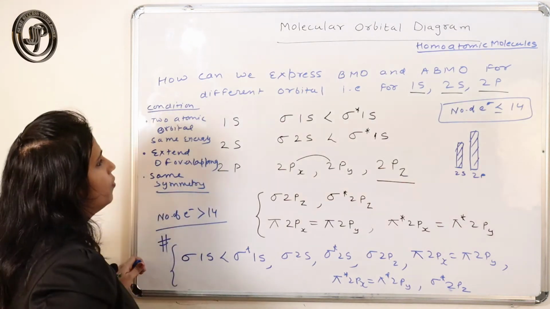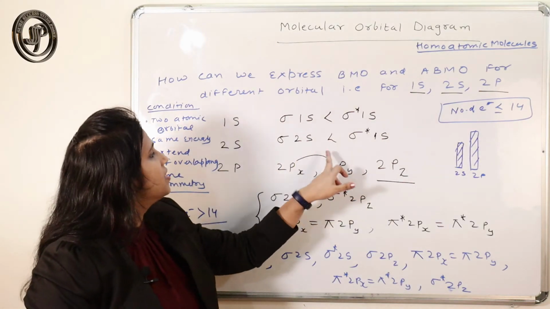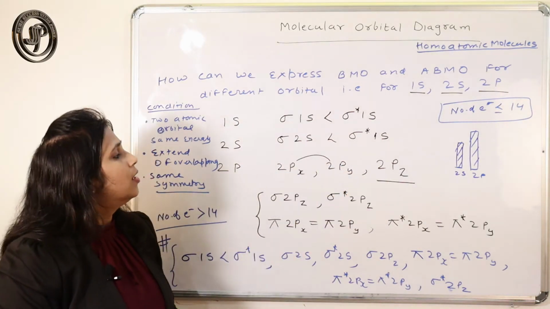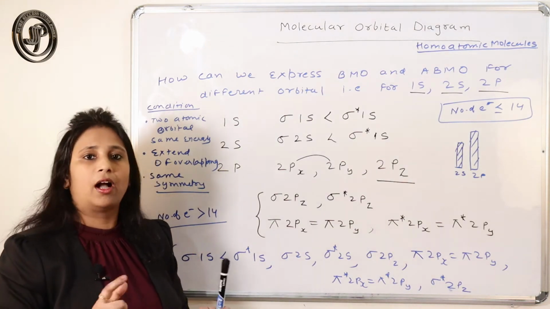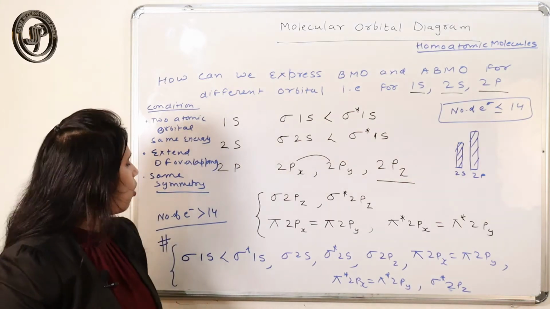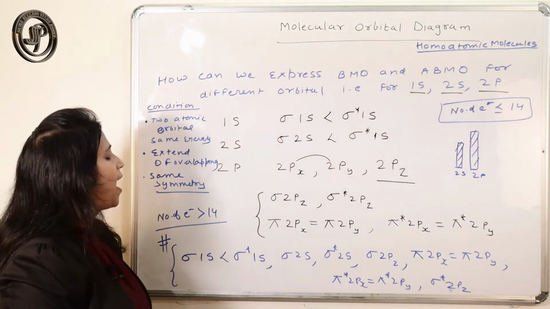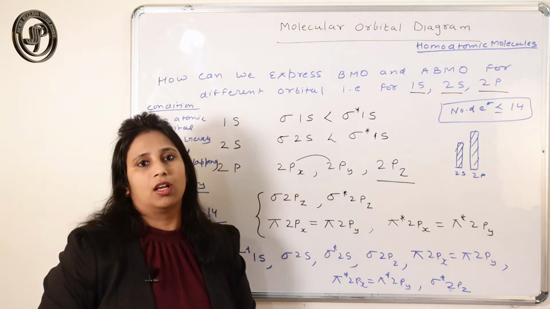Meaning, if you overlap a 2s orbital and a 2pz orbital, they don't form a molecular orbital because they don't have the same symmetry about the molecular axis.